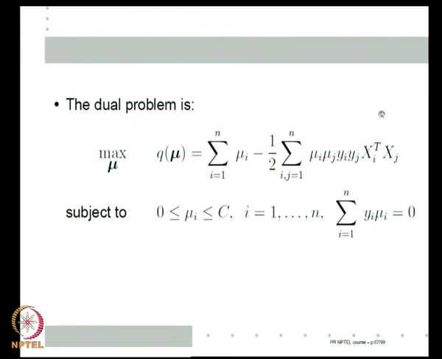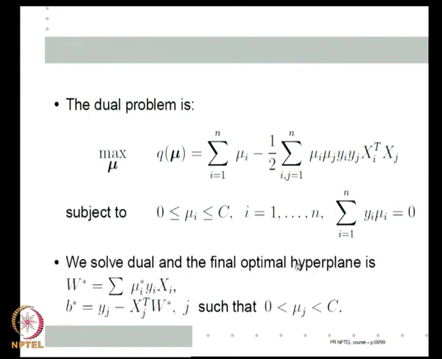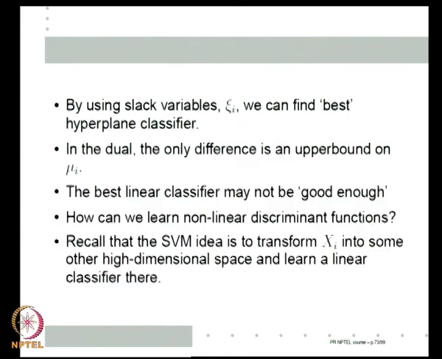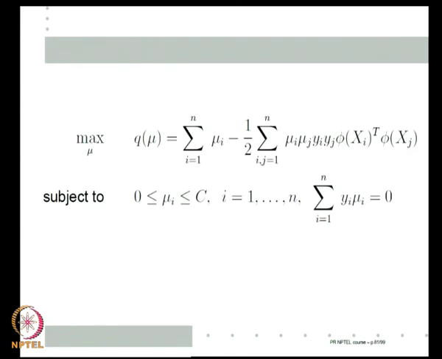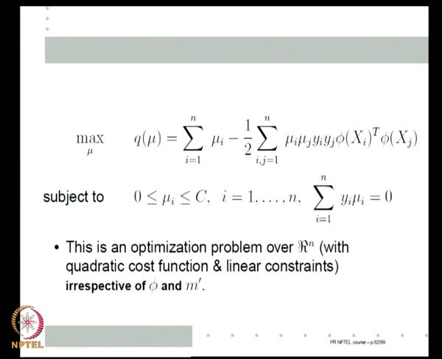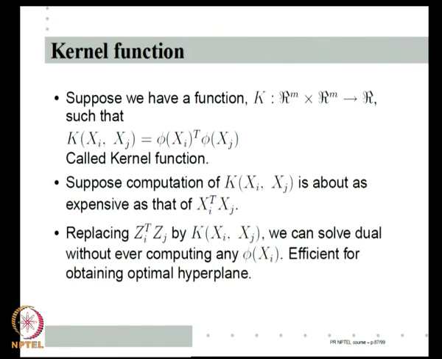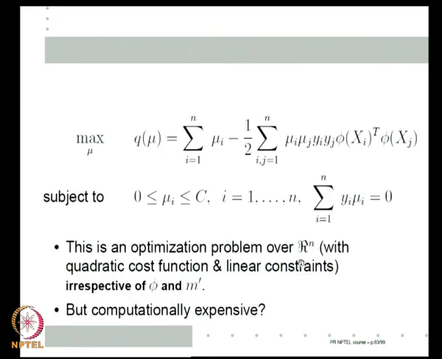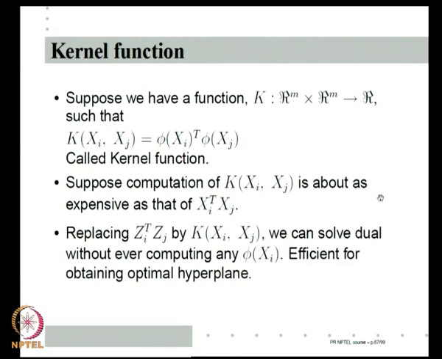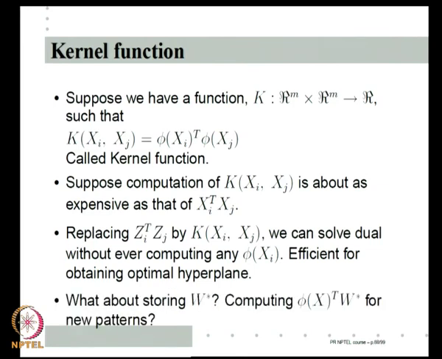On the other hand, in the dual, because it comes only as xi transpose xj and nowhere else, I am able to substitute this by the kernel. So, what the kernel has given me is that by replacing phi(xi) transpose phi(xj) by k(xi, xj), I have been able to efficiently solve the dual problem without actually calculating phi(xi) and obtain all my hyperplanes, all my Lagrange multipliers.